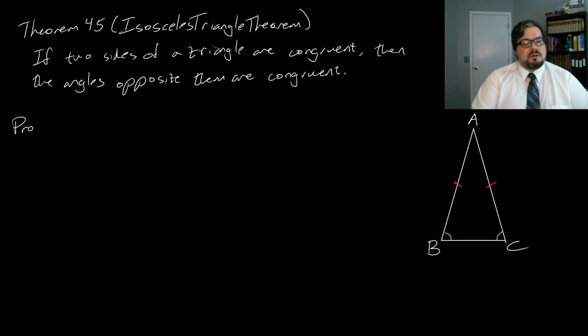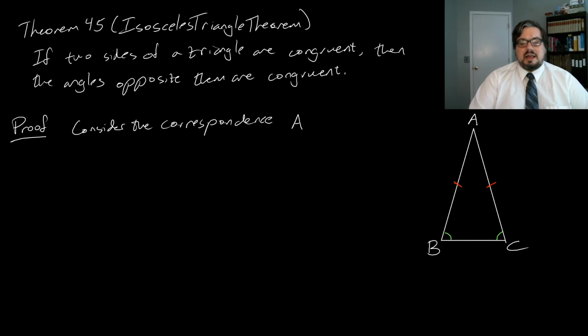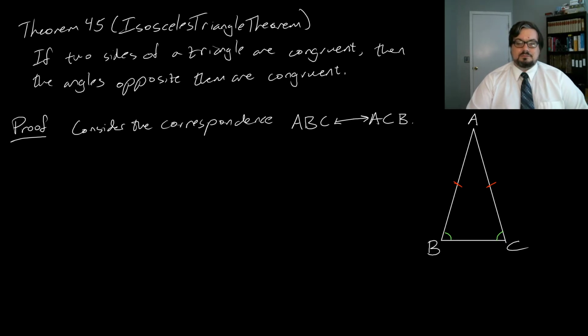So let's consider the correspondence ABC to ACB. So we're looking at the same triangle, but we're sort of just writing it in a different order. We're considering the vertices in a different order. One ABC and one ACB.